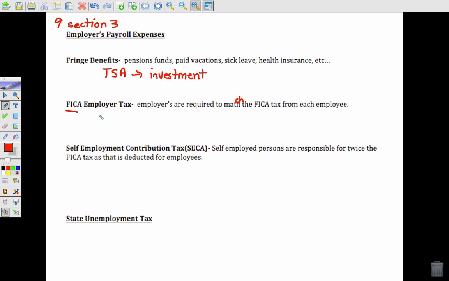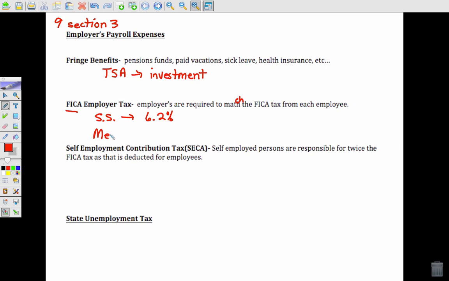So first of all, let's talk about Social Security. Social Security normally is 6.2%. This is how much, as an employee, you pay. So if you pay 6.2%, your employer has to pay that same amount.